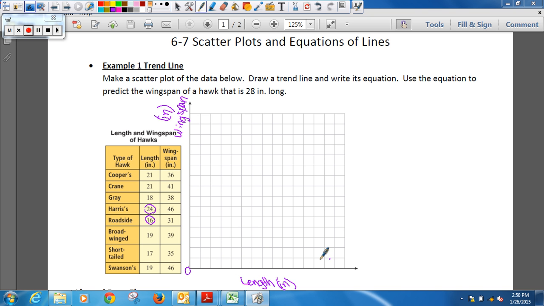There's not 24 across here, but I know I can skip, so I'm going to put a break so that everybody will notice that I skipped to 16, and then I can go by ones and it will fit. So 16, 17, 18, 19, 20, and I'm just going to number every other one so it's easier to read. 21, 22, 23, 24. 24 is as high as I needed to go.